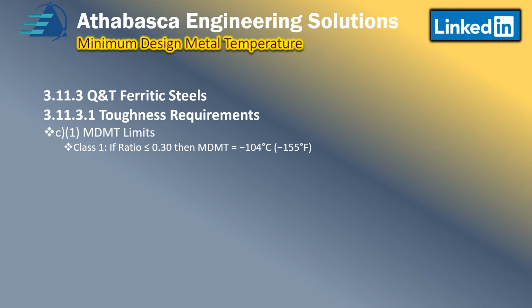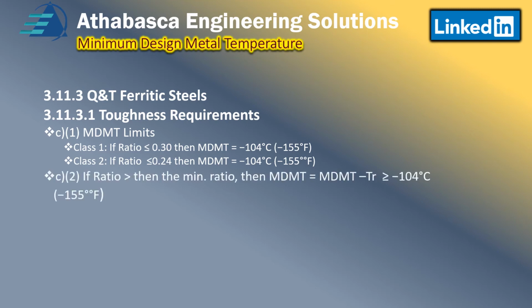For class 1, if the stress ratio is less than 0.3 and the MDMT is less than minus 104 degrees centigrade, then impact testing is required. For class 2, if the ratio is less than 0.24, so you can go even lower, the MDMT limit is the same. If you drop below minus 104 centigrade, you've got to do the testing.